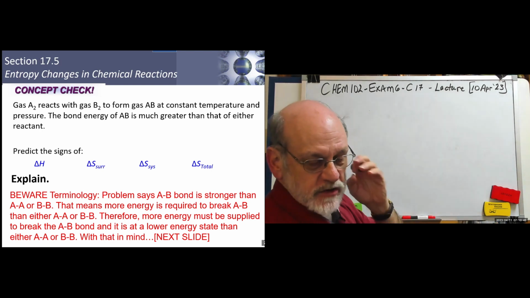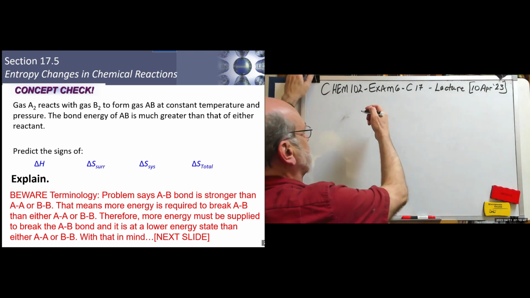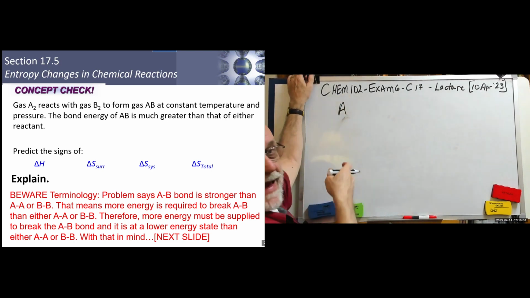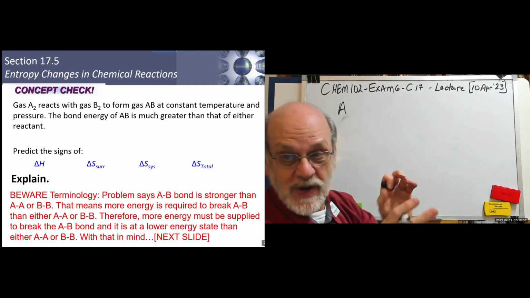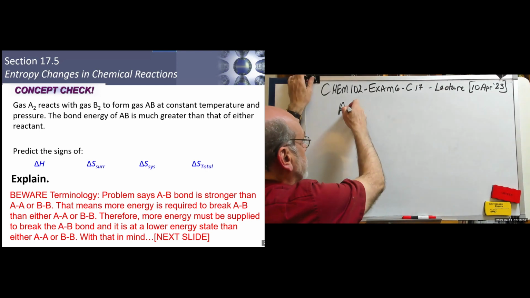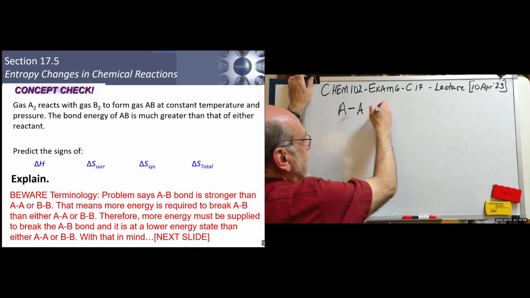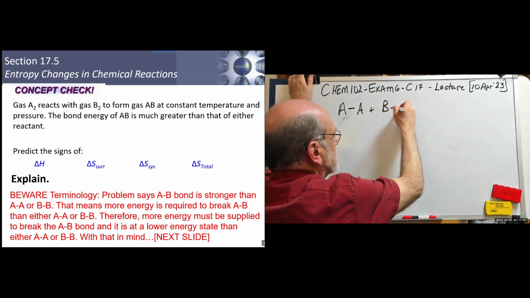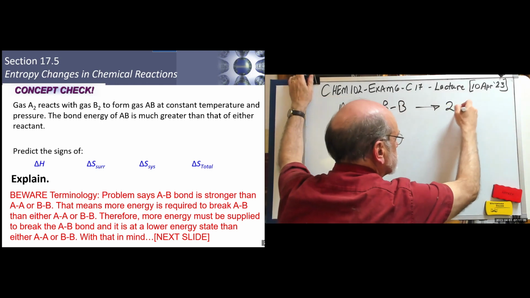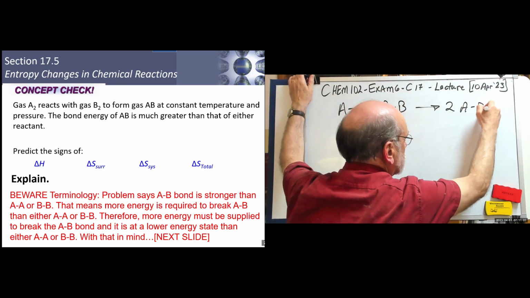The reaction is going to combine A sub 2, which is two A atoms hooked together. So I'm going to write them this way. And the B, and it's going to produce two of those.